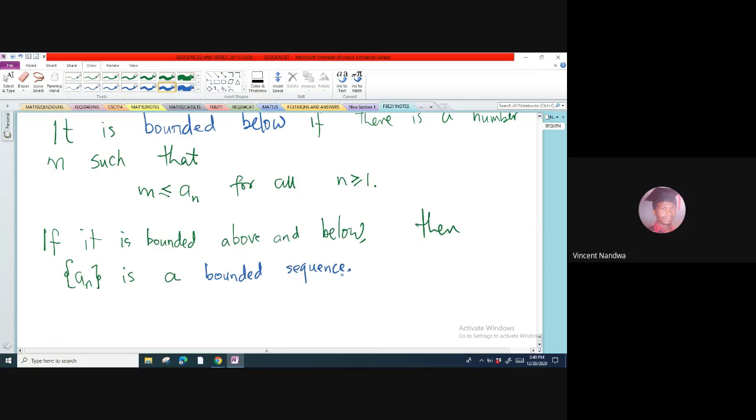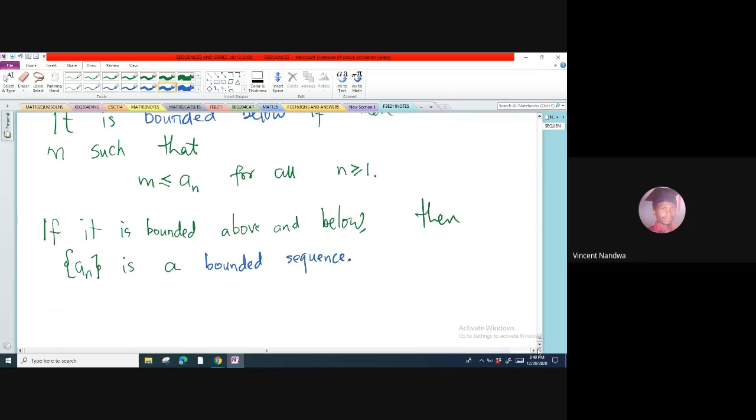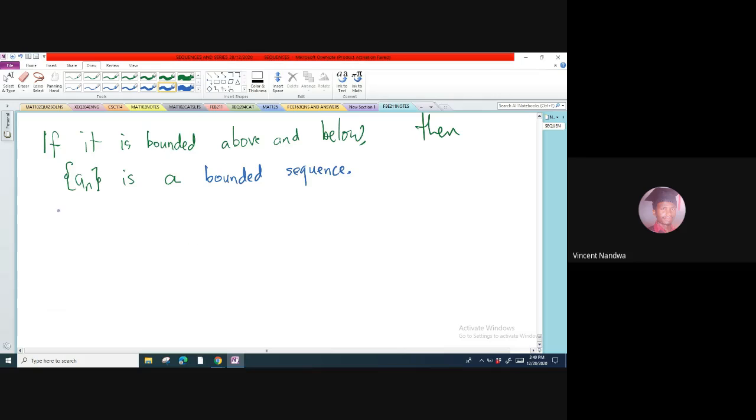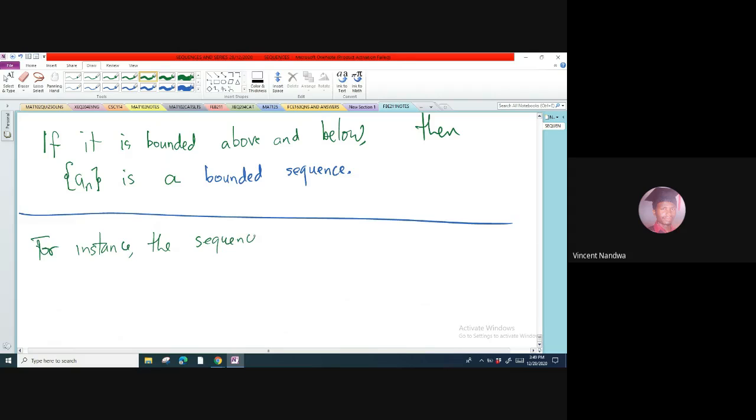Then we can just say, for instance, the sequence an equals n is bounded below, an greater than 0, but not above.